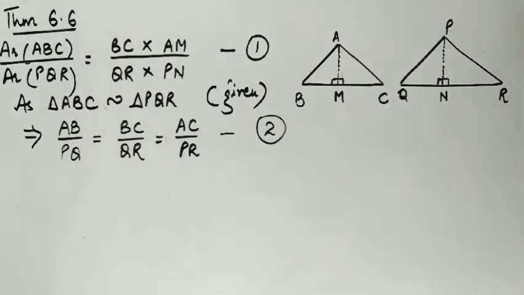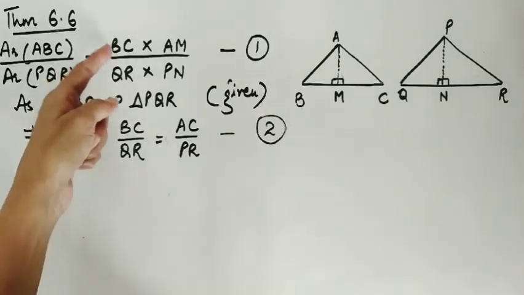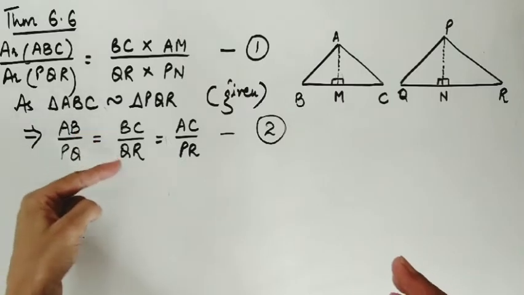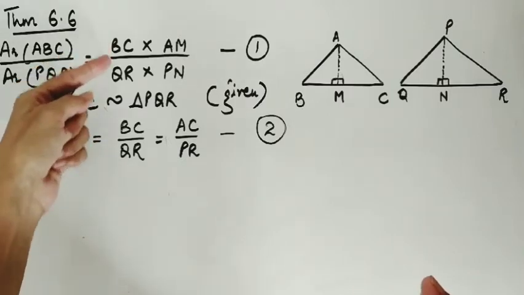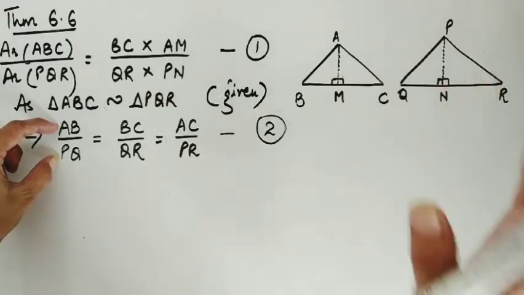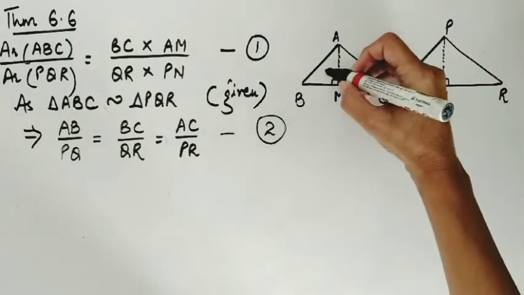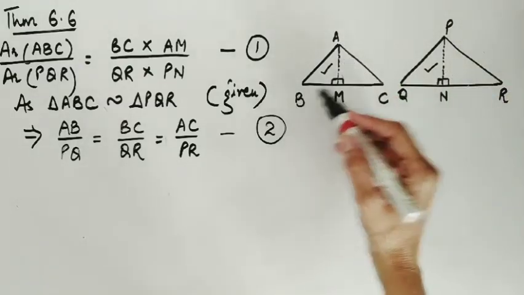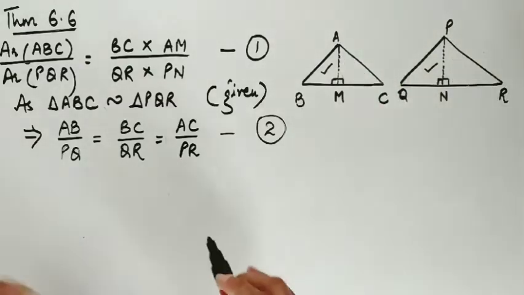Now, what we can observe from equations 1 and 2 is that AB by PQ and BC by QR are equal. So BC by QR can be replaced by AB by PQ. Now our focus would be on proving these two triangles AMB and PNQ as similar.